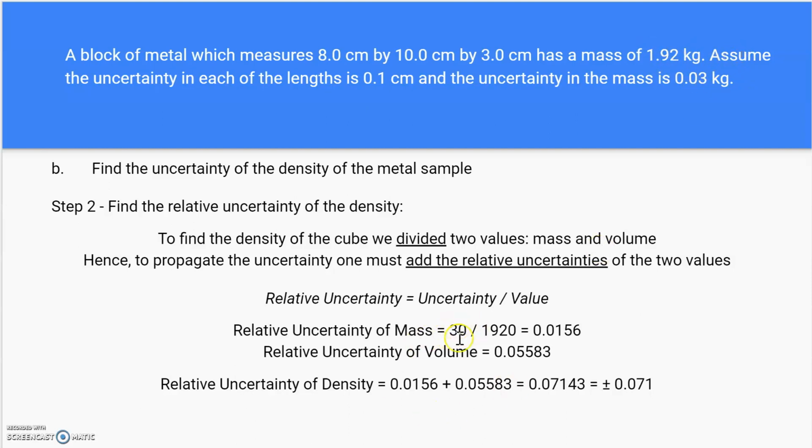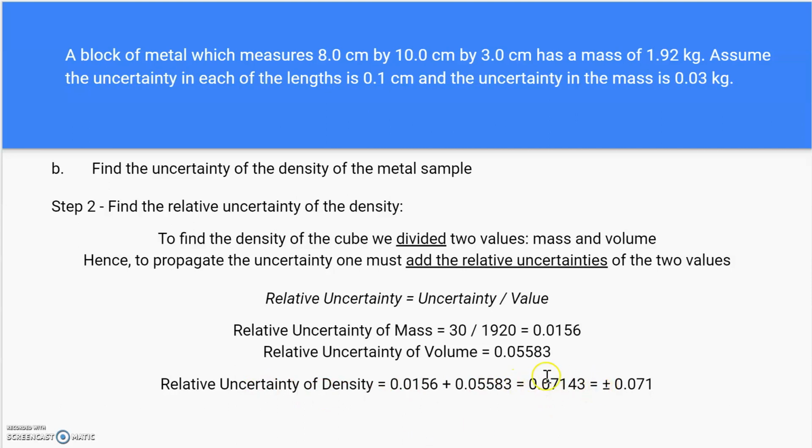We divide that 30 grams, that uncertainty in grams, by the grams that the cuboid weighs, and we get that the relative uncertainty of the mass is 0.0156, again, unitless. Now we need to add those 2 values, and we get that the relative uncertainty of the density is 0.07143.